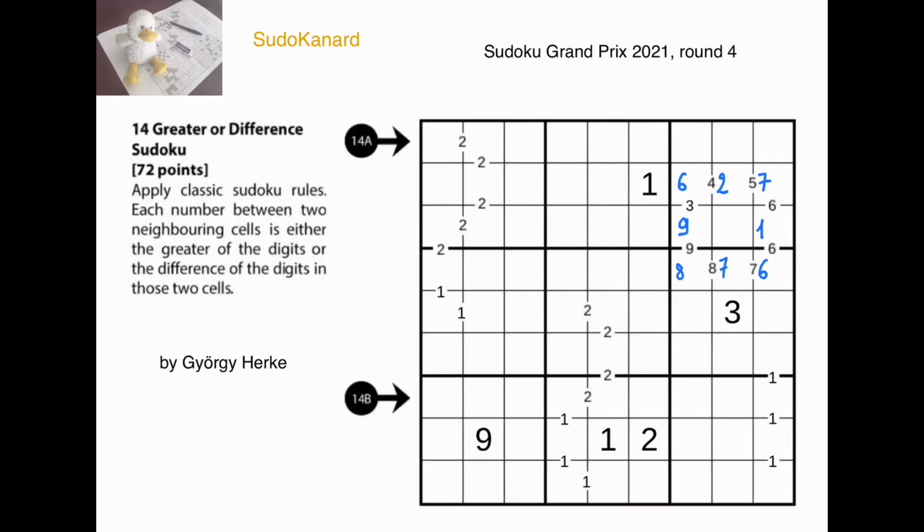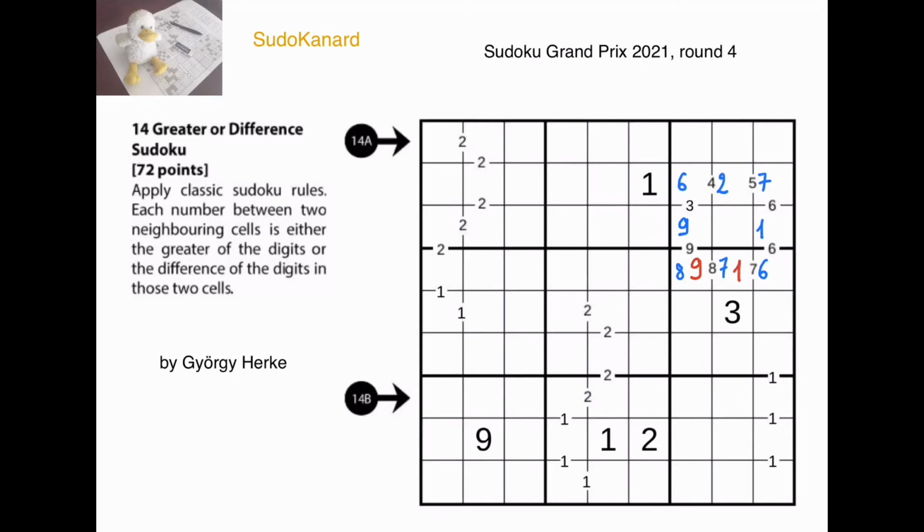Now let's look at the alternate reality, where 9 goes into this cell. And you see now that 8 can't be the bigger digit, so it has to be the difference, and we get a 1 here. And here it's a little trickier, because 7 could be the bigger digit, and it could be the difference.